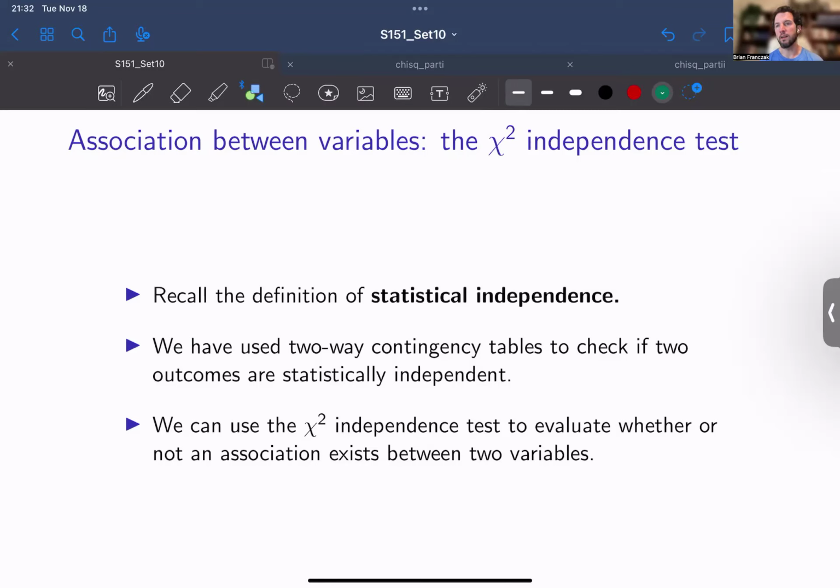And effectively what we are asking is, is there a relationship between the outcomes in these two qualitative variables? So in this context, when we say relationship, we mean not independent, where independent has the same definition that it did earlier on in the course.